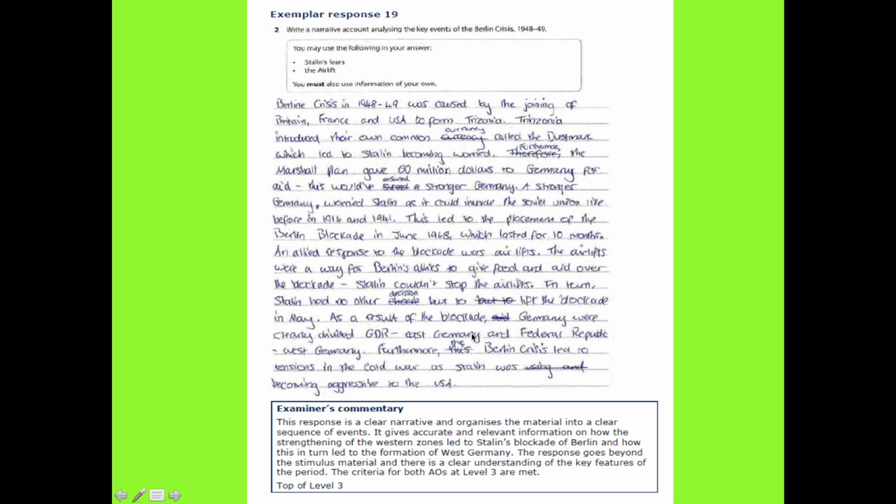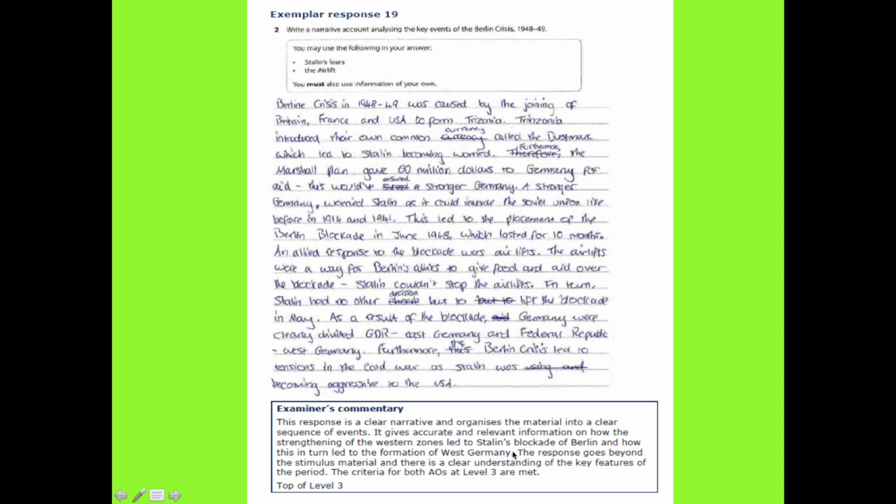Here's a good example from Edexcel. Albeit quantitatively very short, it's qualitatively strong because it does everything the mark scheme requires. So I'll let you read that. The response is a clear narrative and organises material into a clear sequence of events, so chronologically sound. It gives accurate and relevant information on how the strengthening of the Western zones led to Stalin's blockade, AO1 there, of Berlin, and how this in turn led to the formation of West Germany.